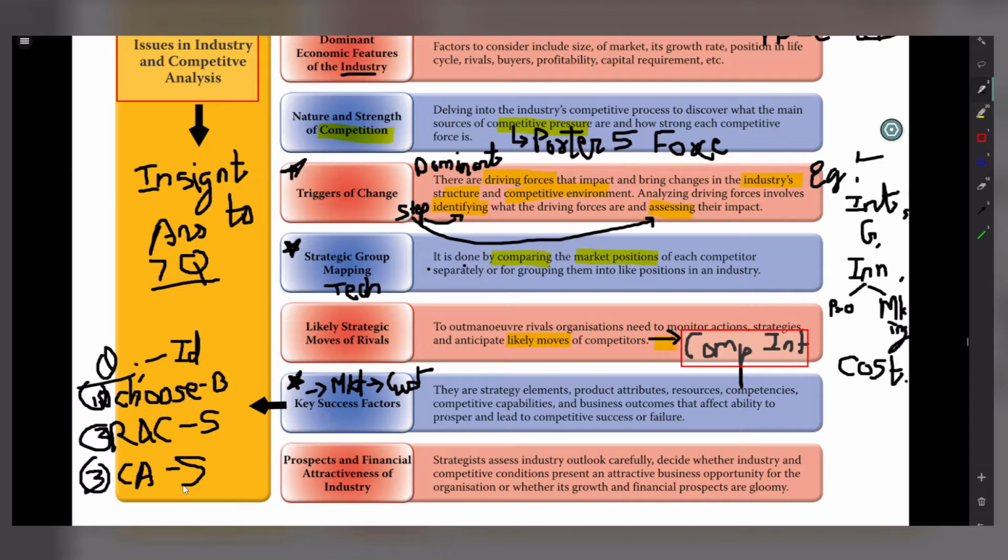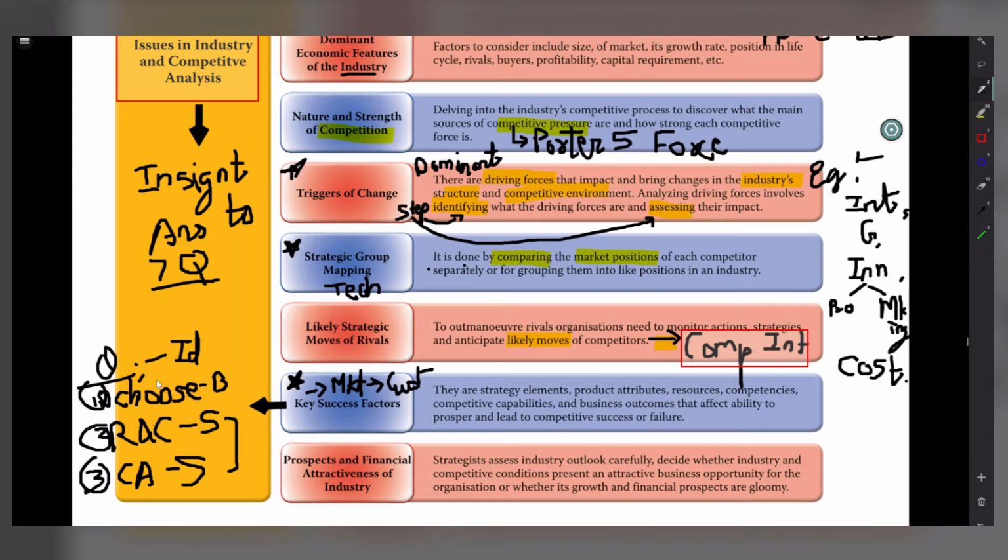So two questions are from the organization's perspective, like what resources and capabilities it may require to gain competitive advantage. And the first, how buyers choose the product, what attributes the buyers are looking for, so that the organization can focus on such attributes and factors.